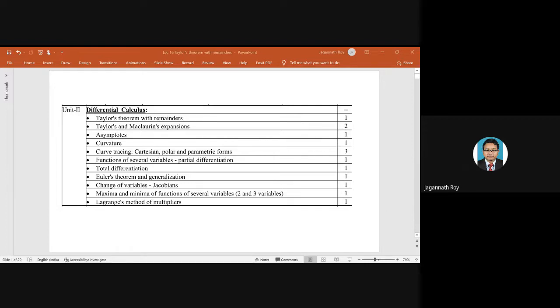The topics that we have, starting from Taylor's theorem to Lagrange's method of multipliers.